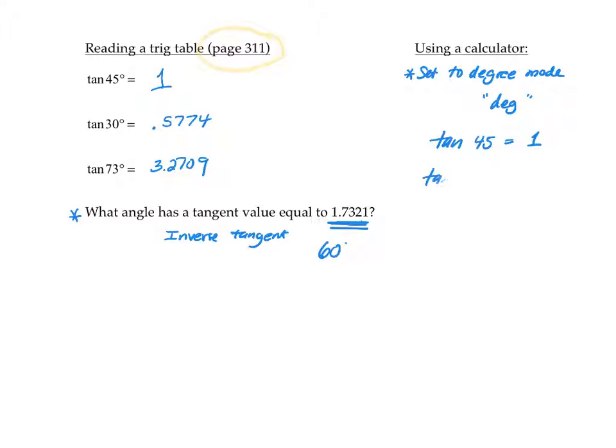Try tangent of 30. Again, this is on the blue calculator in the classroom. When you hit enter, it's going to give you a much longer decimal. It's going to keep going on and on forever. So your calculator is a little more precise than using the trig table in your textbook, because it'll have the sine, cosine, and tangent figured out to many, many places.